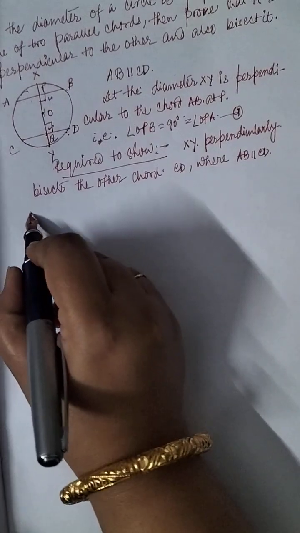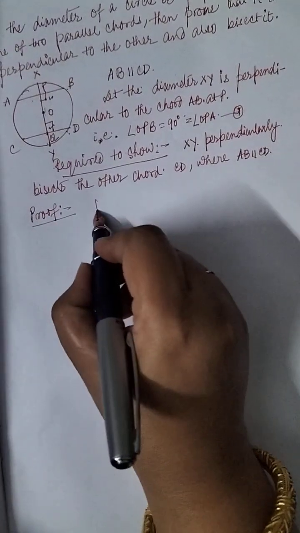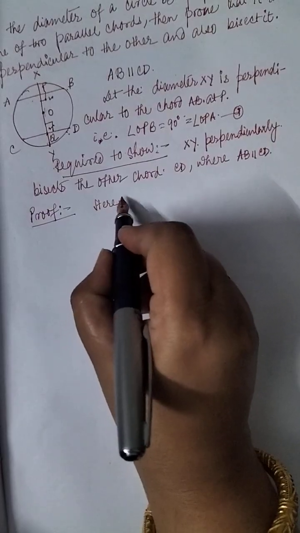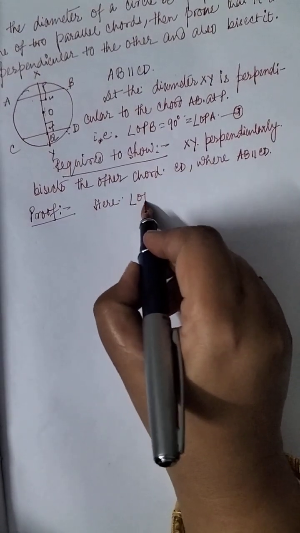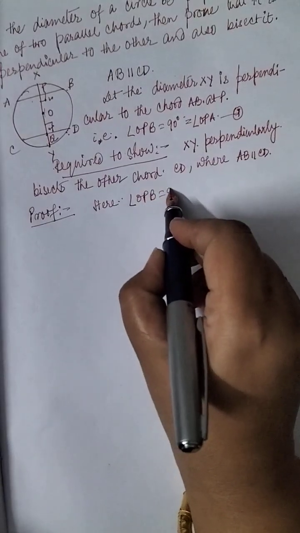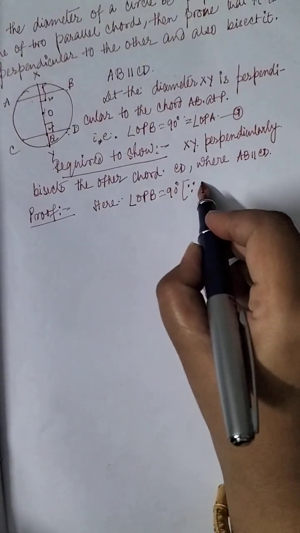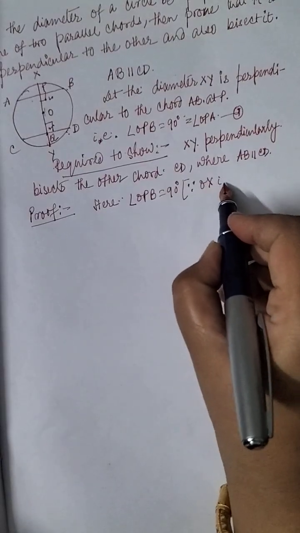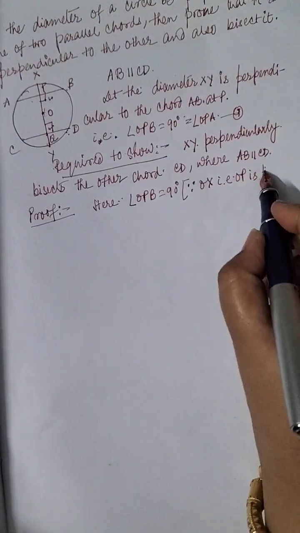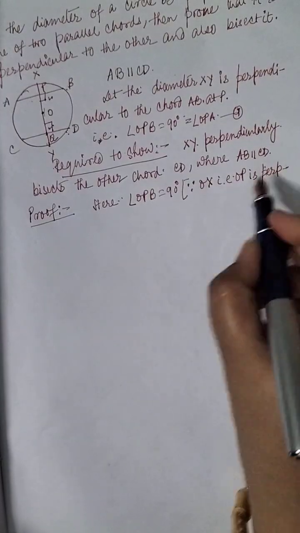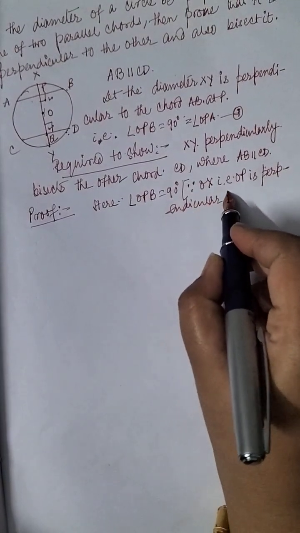Proof. Here, angle OPB equals 90 degree as OX, that is OP, is perpendicular to AB.